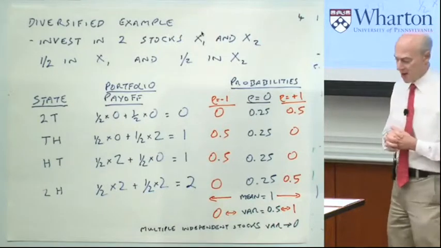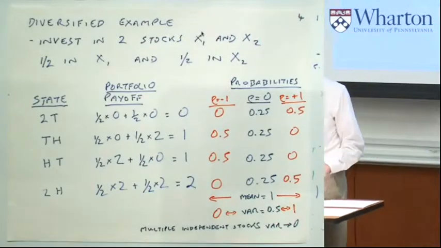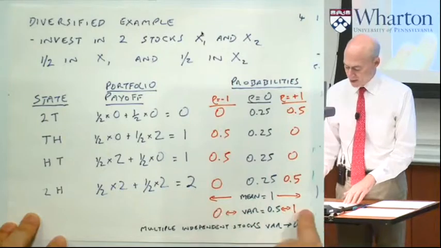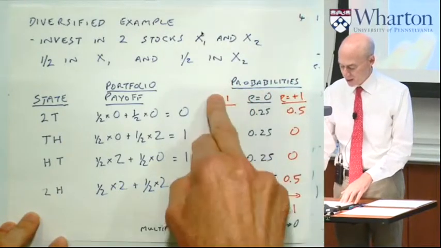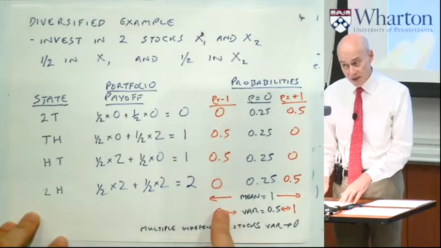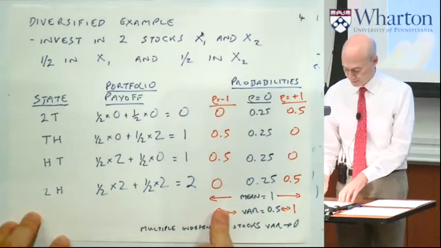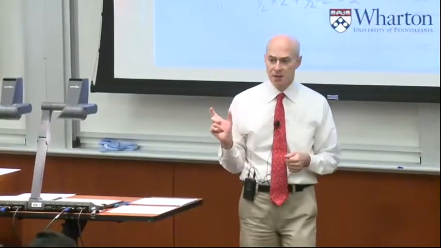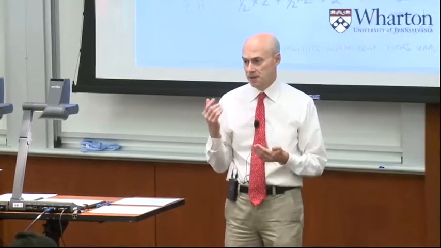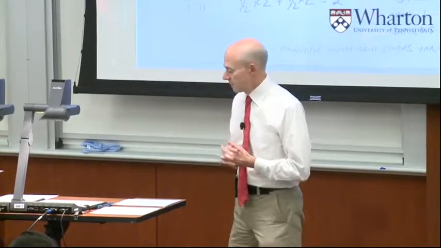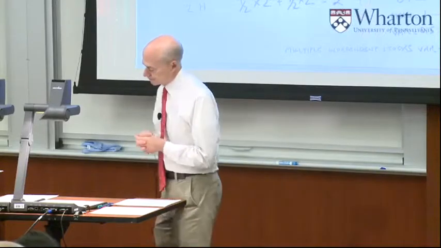That lowers your variance. So we've got the whole spectrum as we go from +1 to -1 with the variance reducing. Any questions about the two stock case? Okay, so that's the simplest idea.